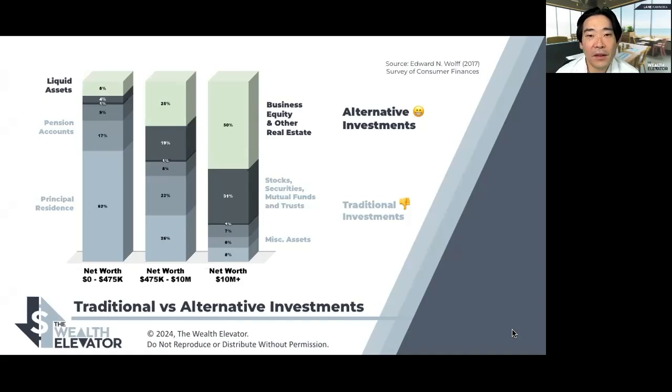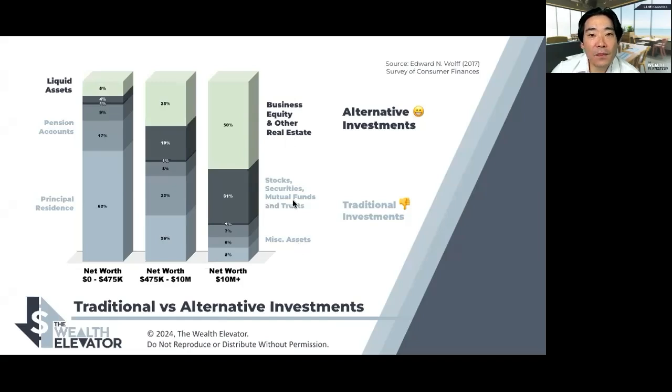We're that layer underneath where the Tiger 21 folks are on the right side, where if you take the pie chart from the last slide, it aligns directly over and validates this bar graph here, where about half of their net worth is in businesses and other real estate equity, private equity and real estate.